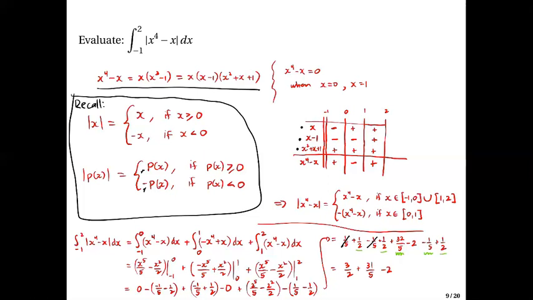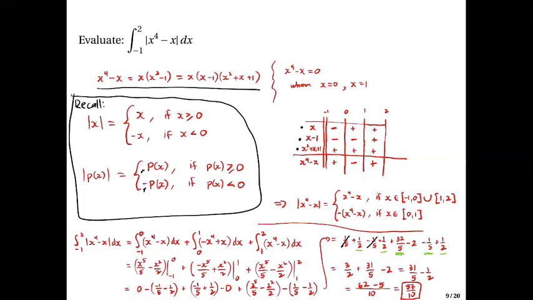And then we can simplify this even further. 3 halves minus 2, that's -1/2. So we have 31 over 5 minus 1/2. So over 10, 31 times 2, that's 62. 1 times 5, so here we have minus 5. So the final answer will be 57 over 10. This is the final answer.